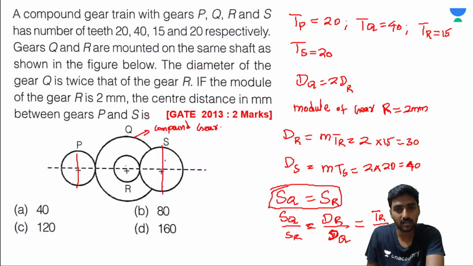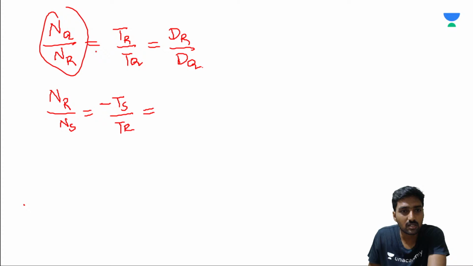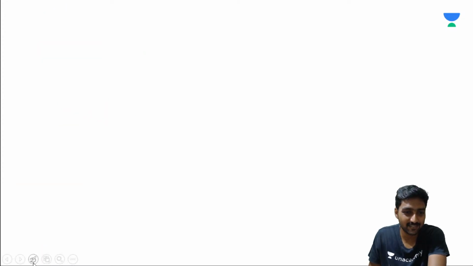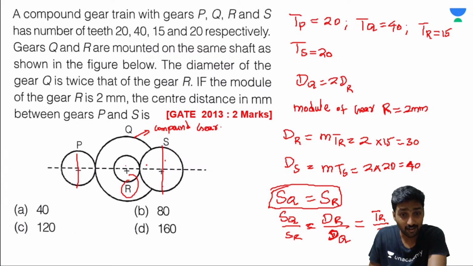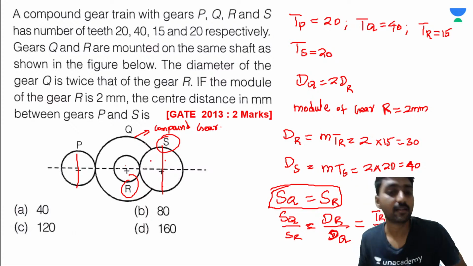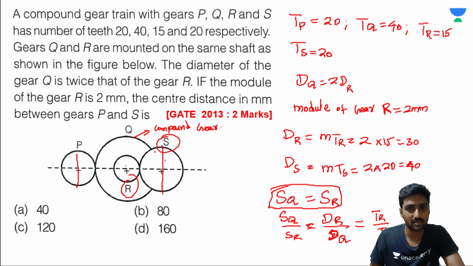Now nQ is equal to nR. Oh, sorry, it's not possible, right? Once again. Sorry, here the gears are meshing externally. I will give the things one by one.